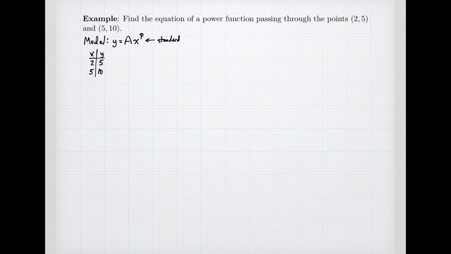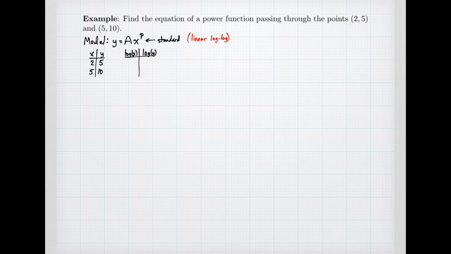Now because this is a power function, we would note that this power function would look linear in a log-log plot. So we're going to do a log-log transformation of our data. What that means is I'm going to create a new table that has log of x and log of y as my columns. And I prefer to think of logarithm as a function rather than just a related number.